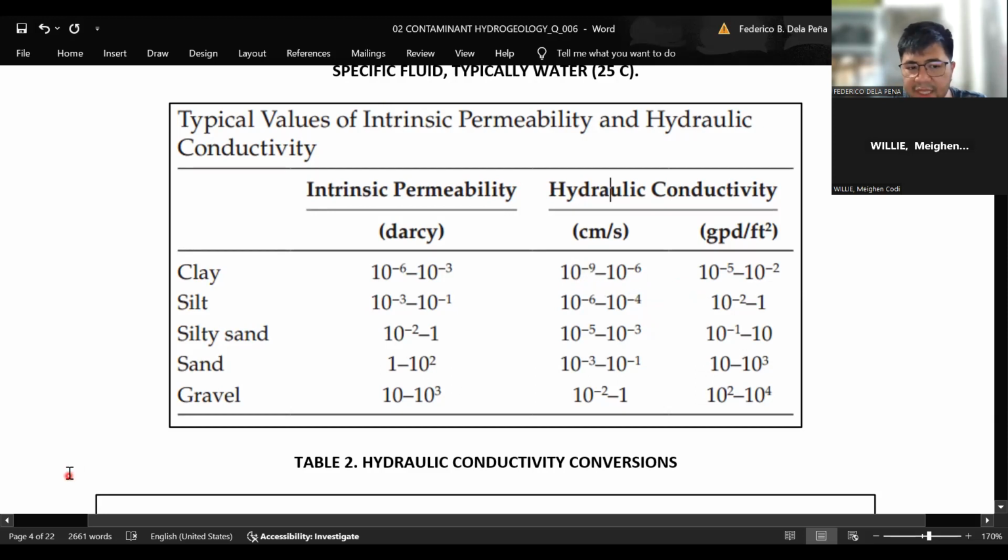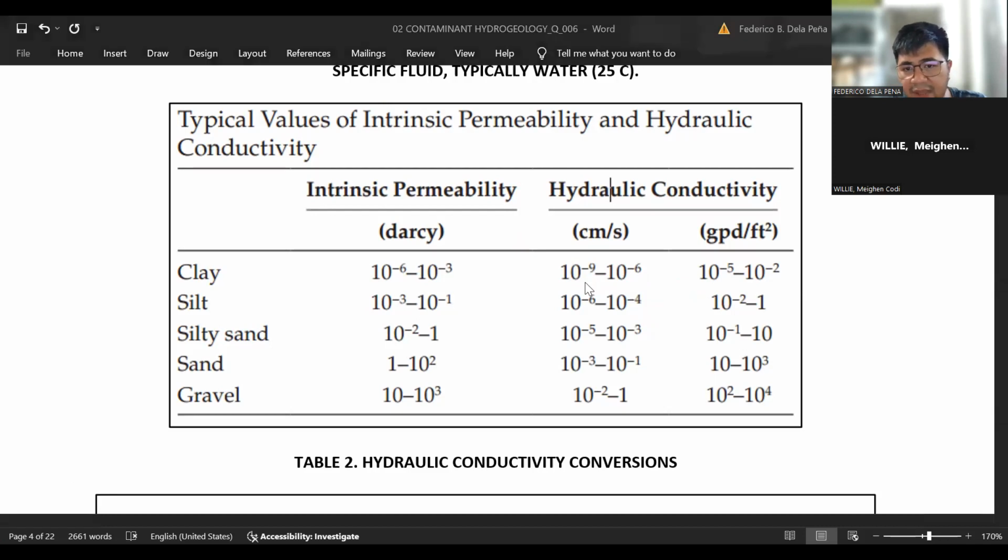So you can imagine you will need like 1 million seconds to travel 1 centimeter. You can convert that 1 million seconds to days. So clay, for example, will need like 11 days to travel 1 centimeter. That's the upper bound of the velocity of the clay.